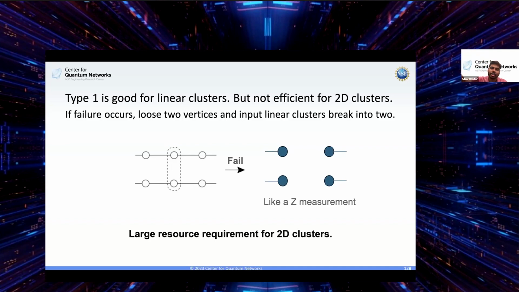So all the hard work that you had done to generate that long cluster state is cut by a factor of 2, right? Because you again end up with two half-length cluster states, both on the top and the bottom. So this failure is very much like a Z measurement. The qubits drop out and the neighboring connections also drop out, right? So therefore, type 1, although a simple and nice scheme, is not the best scheme to generate 2D cluster states.